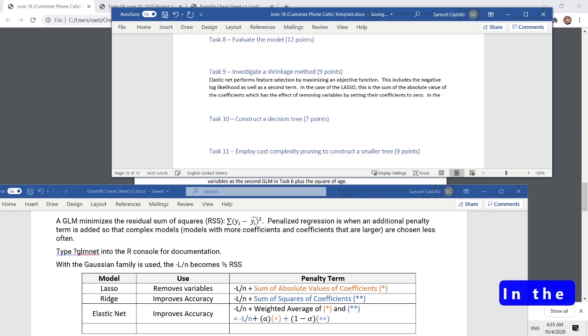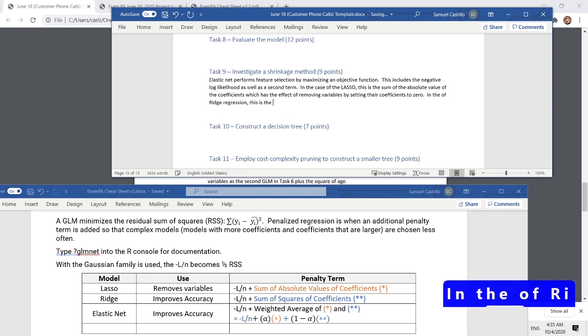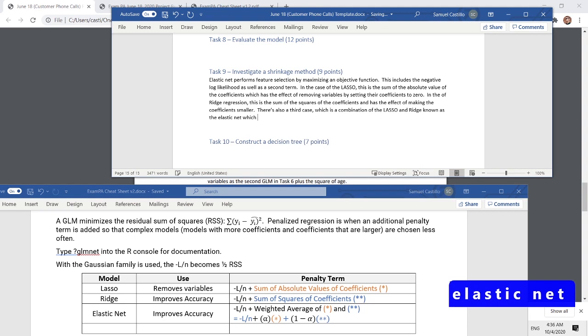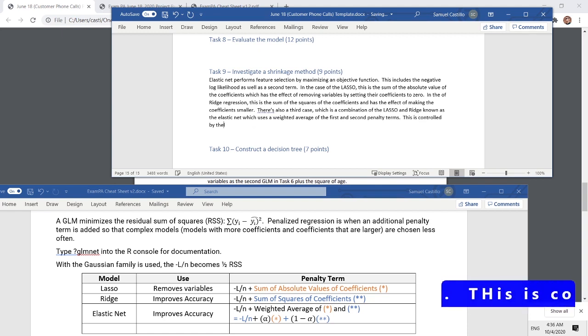In the case of ridge, this is the sum of the squares of the coefficients and has the effect of making the coefficients smaller. There's also a third case, which is a combination of the lasso and ridge, known as ElasticNet, which uses a weighted average of the first and second penalty terms. This is controlled by the alpha parameter.